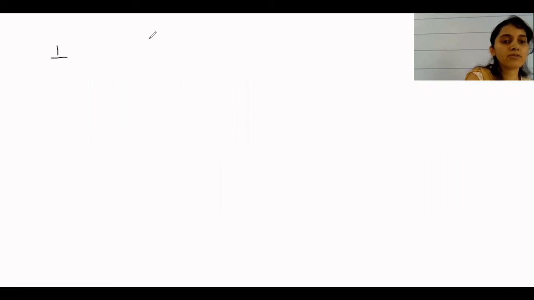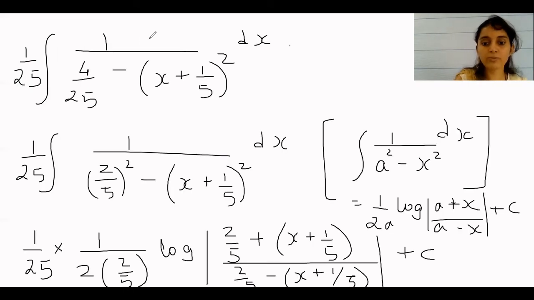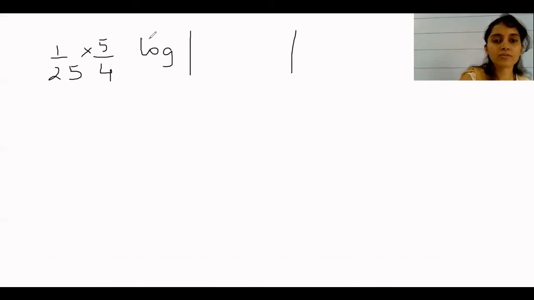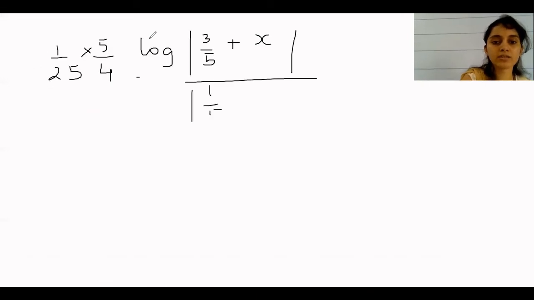Let's put in a final answer. 1 upon 25 into 5 by 4, log of, and what are the answers that we get inside? 2 by 5 plus 1 by 5 is 3 by 5, divided by 2 by 5 minus 1 by 5 is 1 by 5 minus x.